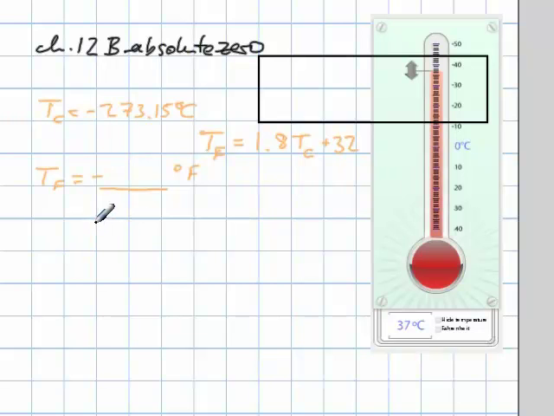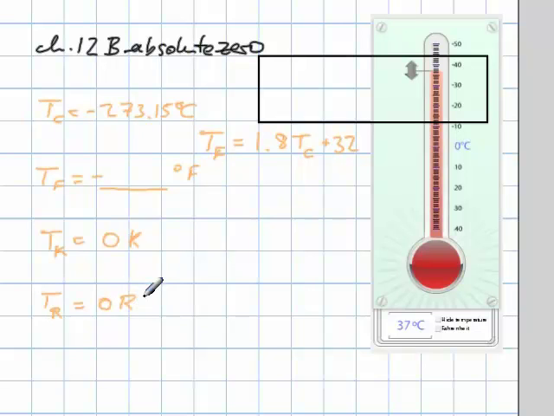And if you wanted to, you could also convert either one of those numbers to the absolute temperature in kelvins. However, that one is being defined as 0 kelvins, or in the Rankine scale, TR, and that is also defined as 0 Rankine.